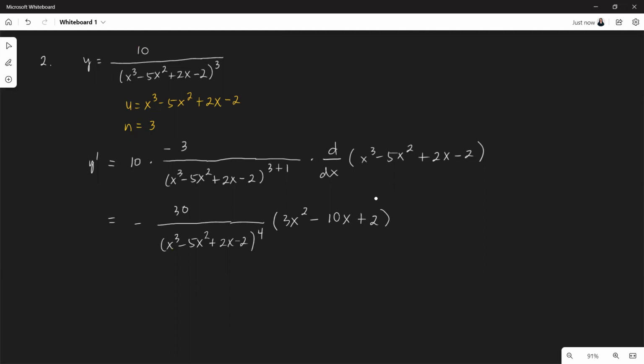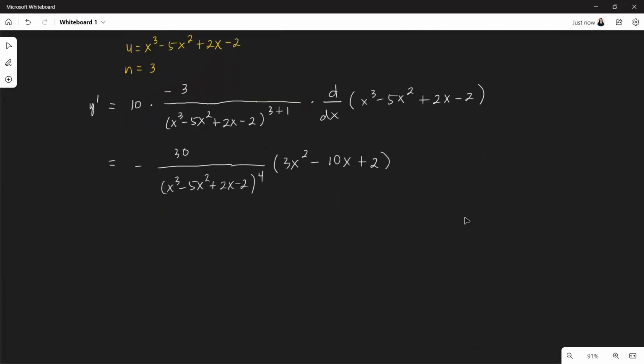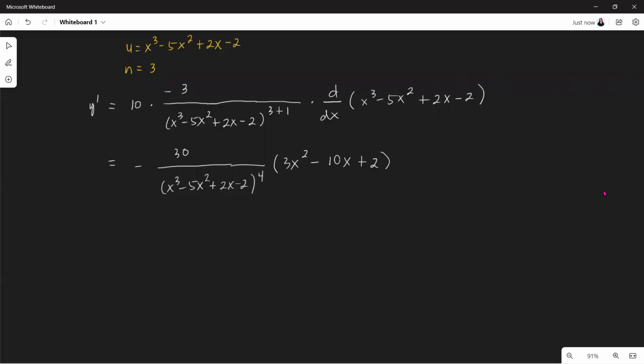So we can distribute the 30 to the 3x squared minus 10x plus 2. Or in the notes, it's written as 30 times 3x squared minus 10x plus 2, not multiplied.